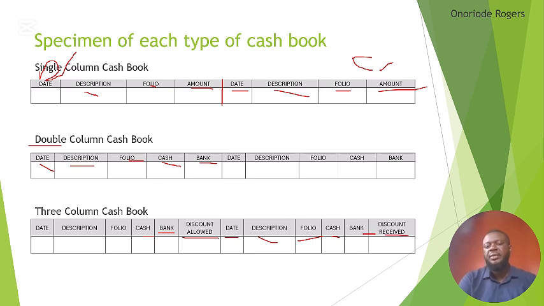Look at it: discount received is on the credit side, while discount allowed is on the debit side. Why is discount allowed here? Why not discount received here and discount allowed there? We'll get to the three column cash book, and I'm going to explain that.